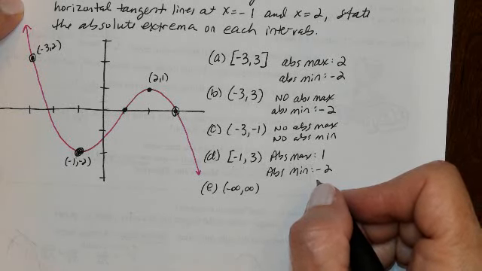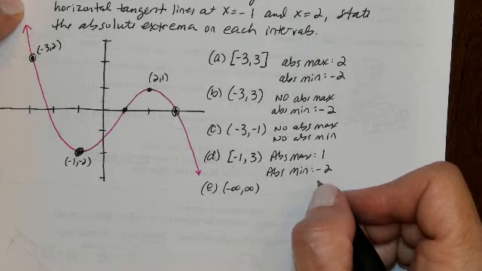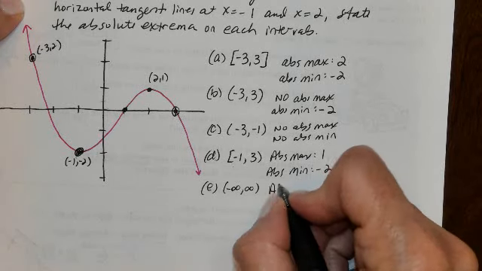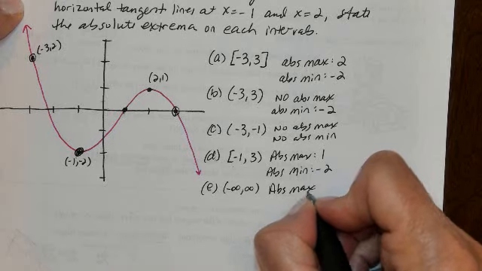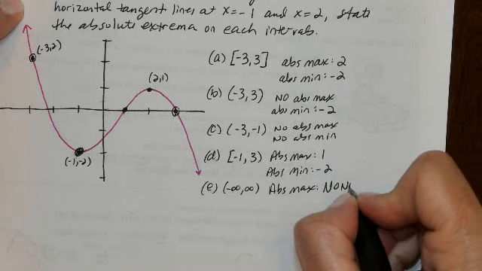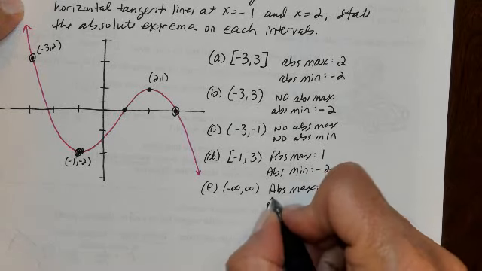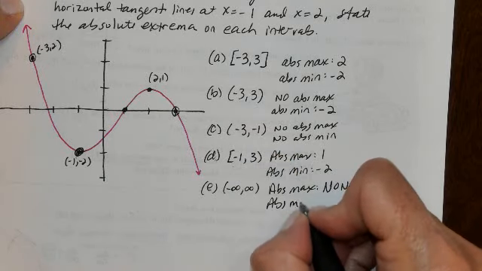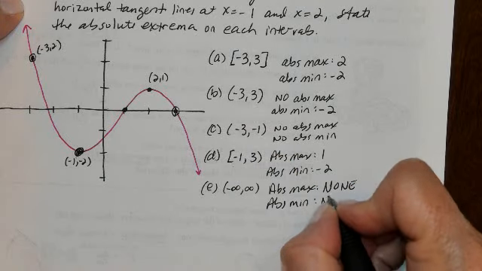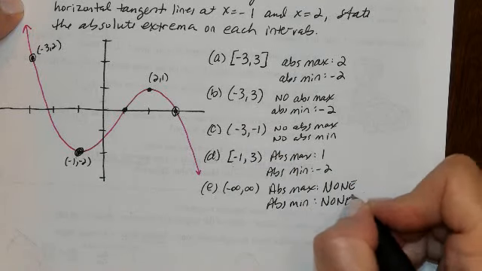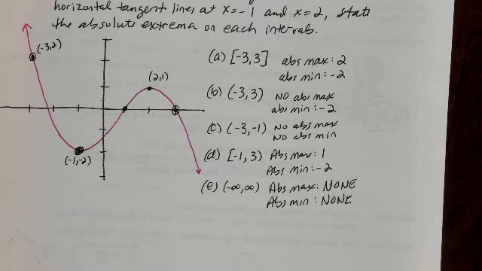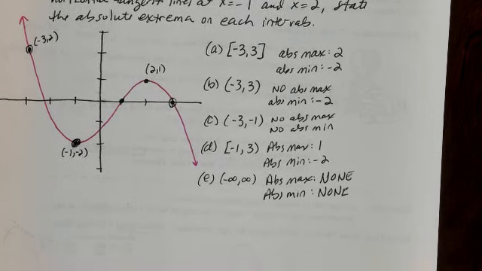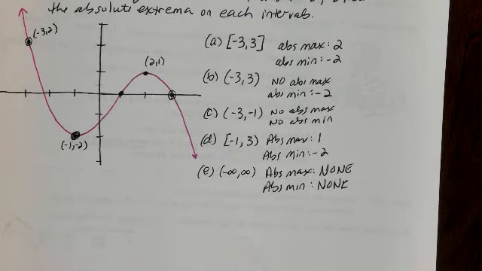And infinity is not a number, so you cannot give me infinity. So absolute max, there is none. Absolute min, it goes on, it's unbounded in going high and going low. So no absolute min, no absolute max.